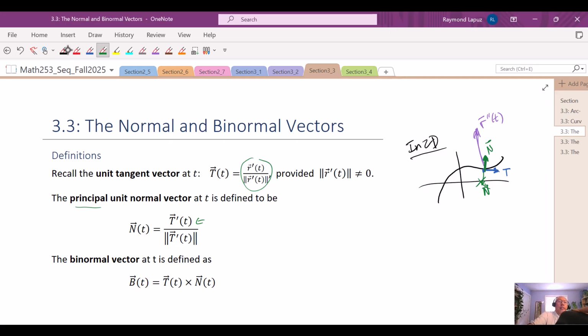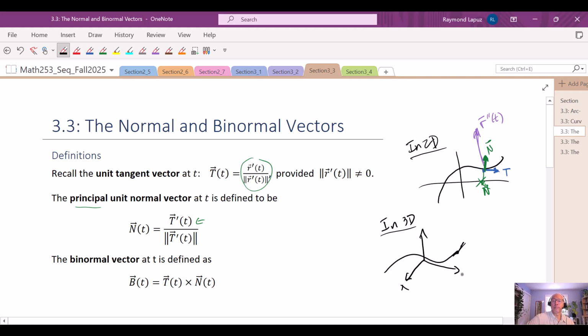Now in 3D, it gets a little bit more difficult. You have 3-dimensional space, and you have a curve flying through that 3-dimensional space. Your unit tangent vector, let's say, will look like this, but now for your normal vector, there is an infinite number of normal vectors to choose from, right?